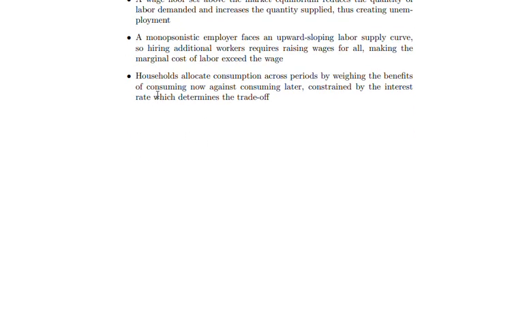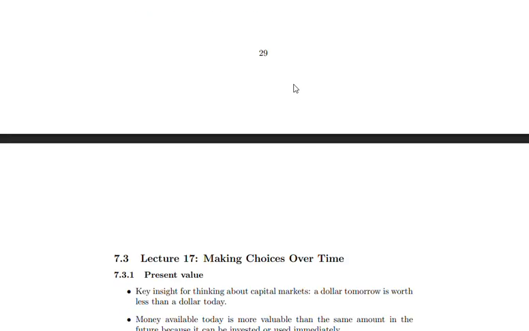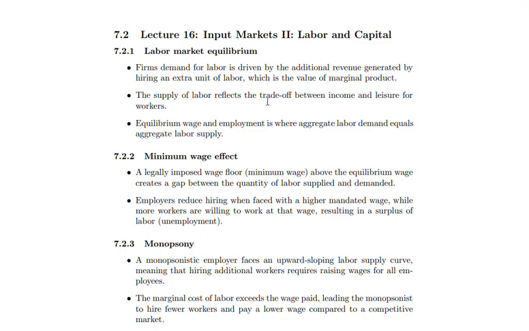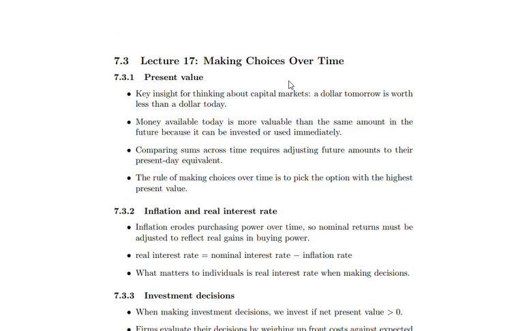Households allocate consumption across periods by weighing the benefits of consuming now against consuming later, constrained by the interest rate, which determines the trade-off. So that's all about input markets, labor and capital.